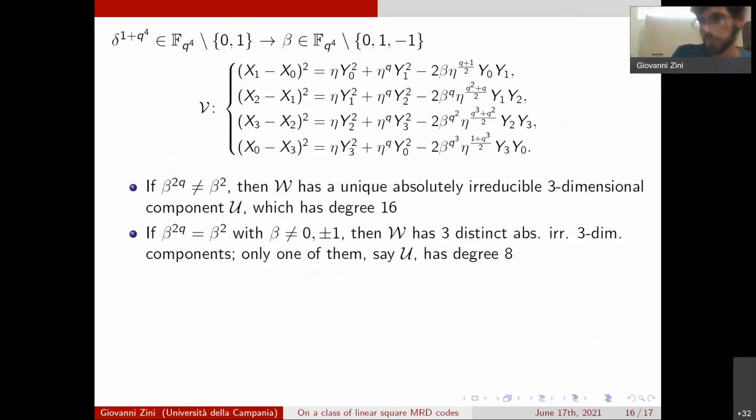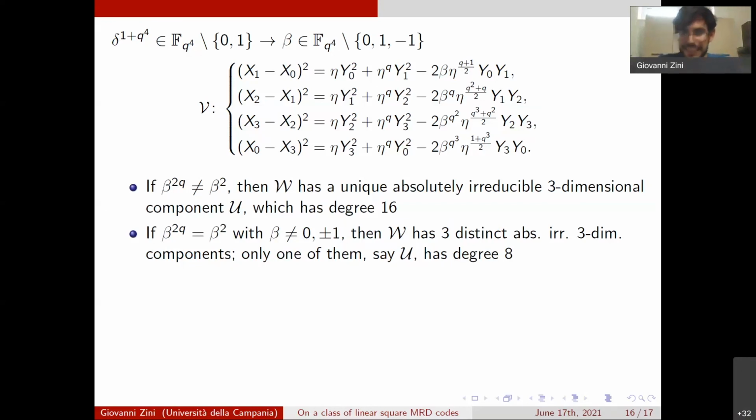Well, with much help of Magma and of some algebraic geometric arguments, we were able to find, for all values of delta and hence of beta under investigation, an absolutely irreducible component of V, which is the only one having its dimension and its degree, so that the corresponding component of W must be, for sure, defined over Fq, even though we do not know this component of W explicitly.